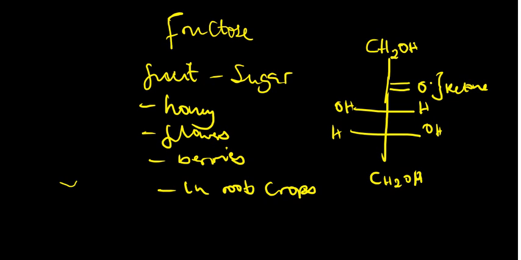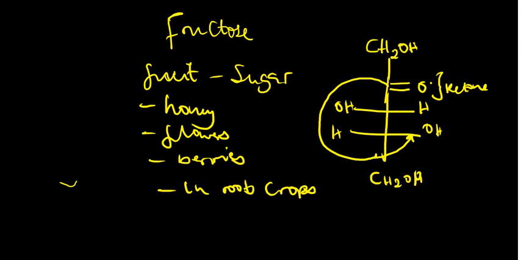So what happens is that during the ring formation in the open chain, this is the open chain of fructose, this carbon number 2 is going to combine with carbon number 5. When you look at this, this is what is going to happen.